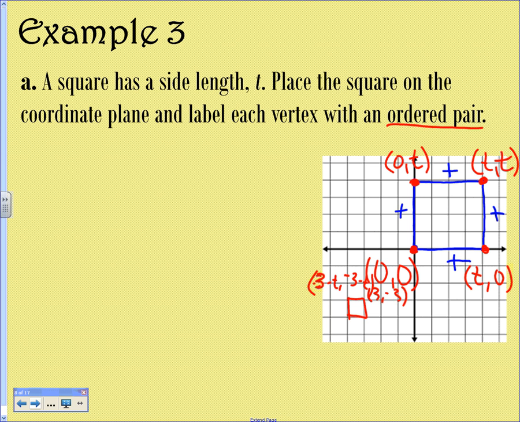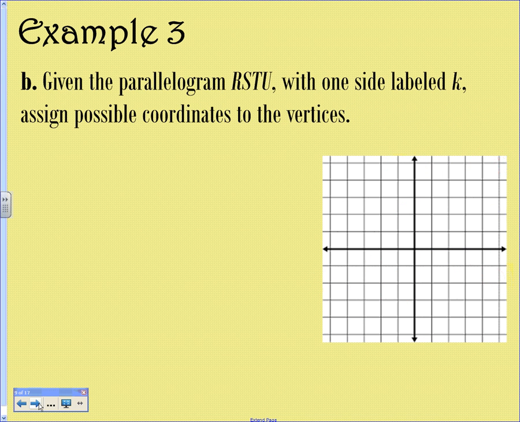Something like that. It'd make it a lot harder. Because you don't know how long t is. But if you put it at the origin, then you know that they're all t long. Does that make sense? Okay, let's try another one.